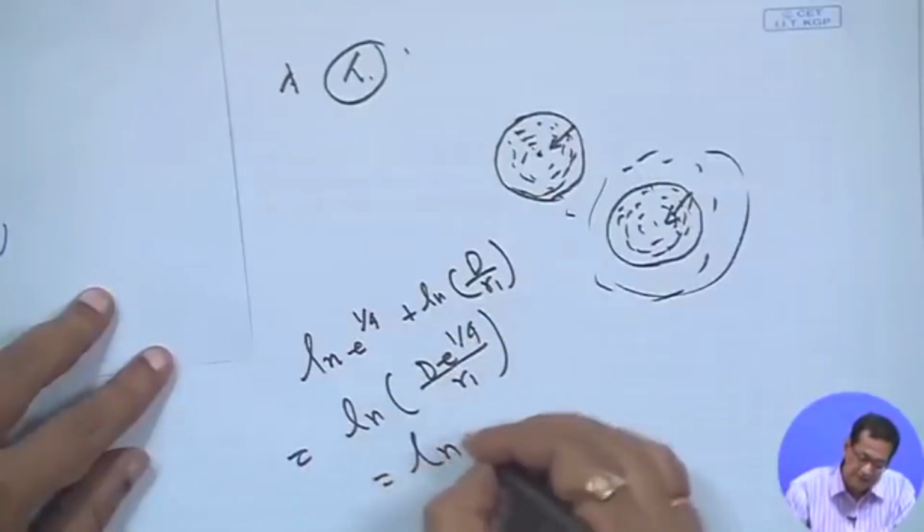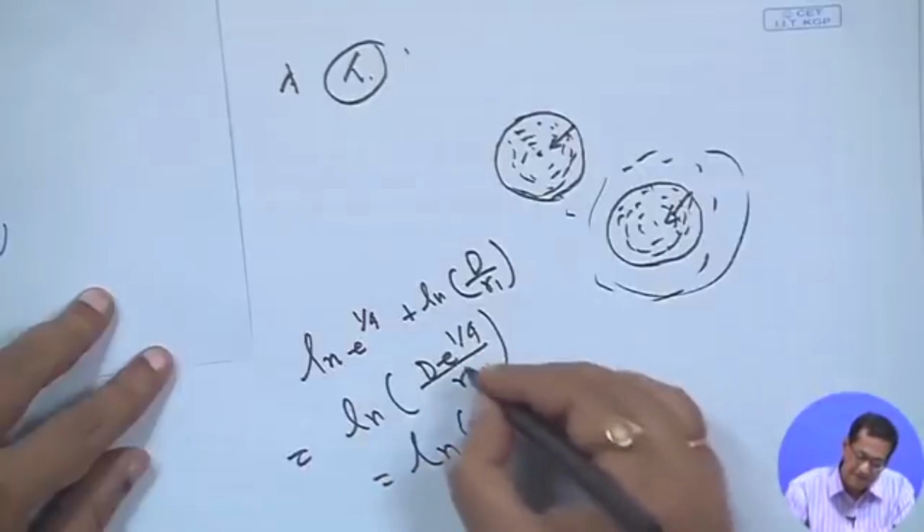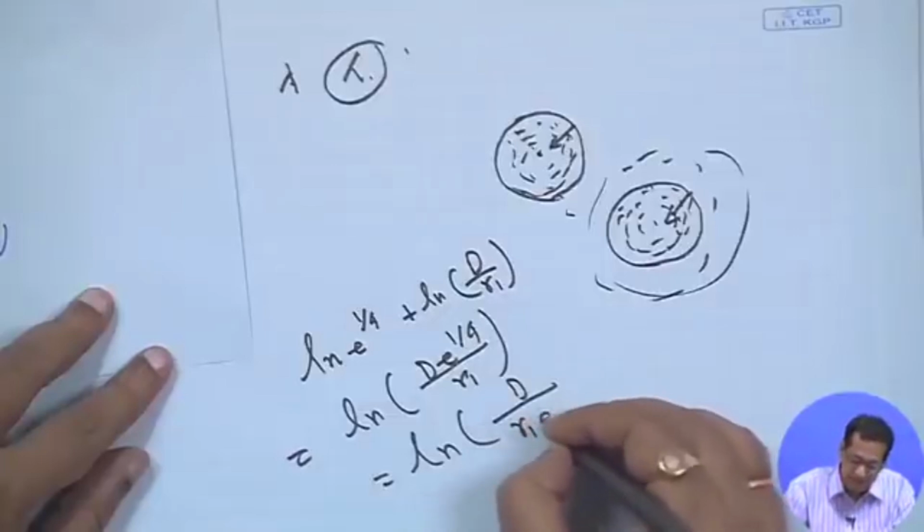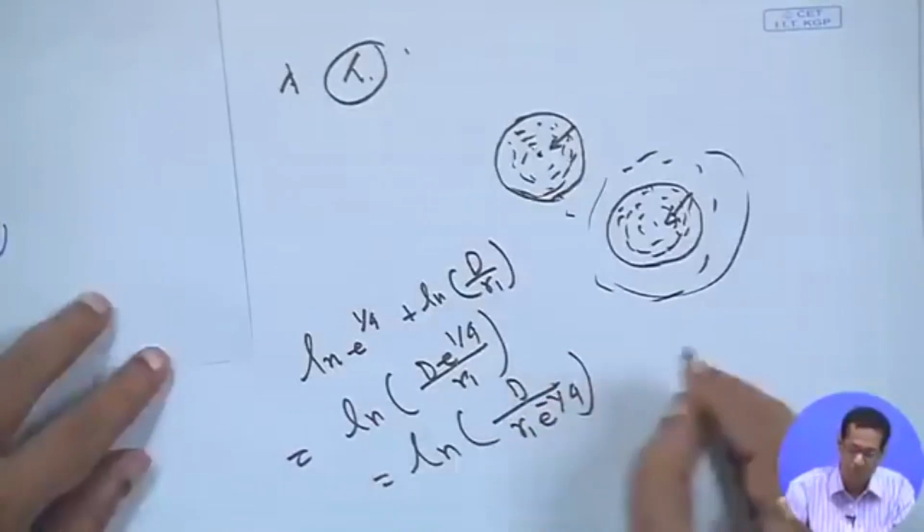Bringing the e to the power 1 by 4 into the denominator, it becomes R1 e to the power minus 1 by 4.